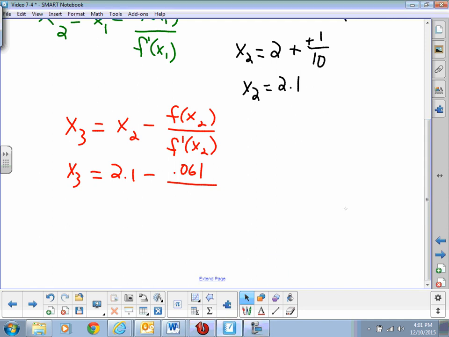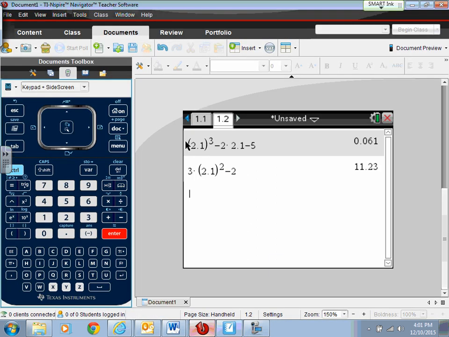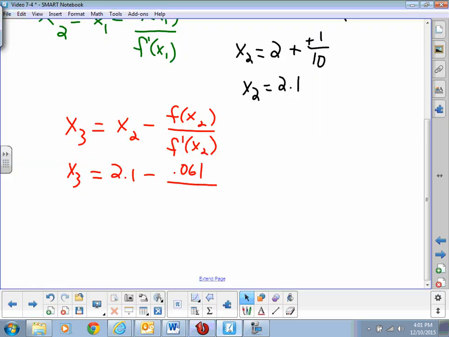It'll end up exact. So here's 2.1 plugged into our original on top there. There's 2.1 plugged into our derivative. So our f of x2 is 0.061, f prime of x2 is 11.23. And this will give us that x3 is approximately 2.0946 or so.